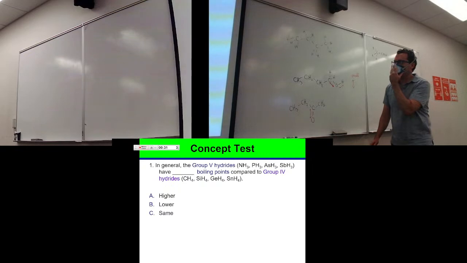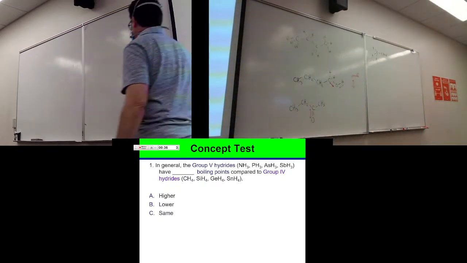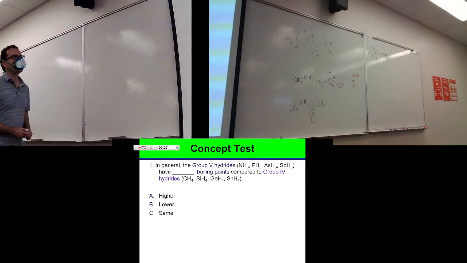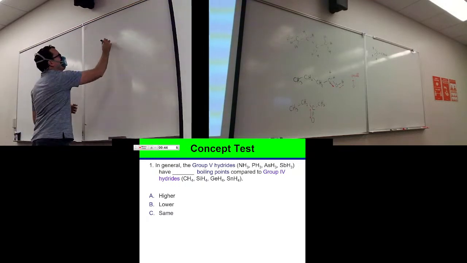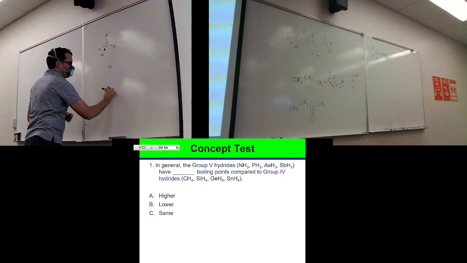We're talking about polarity, right? So what's the difference in polarity between these two groups? Take the first one of each group if you need to. Group 5 would have a higher polarity.